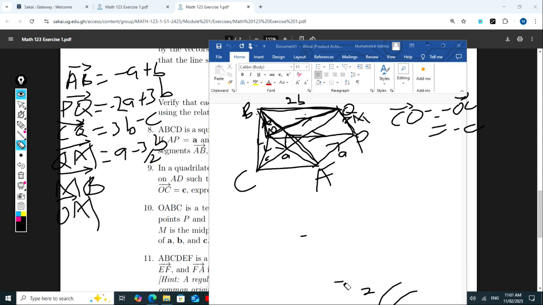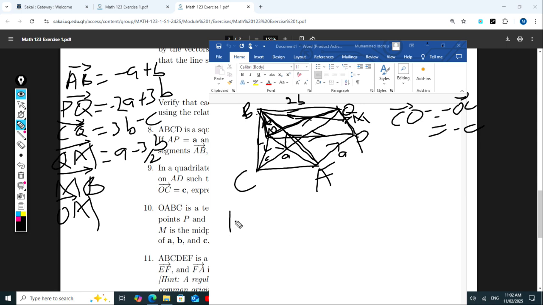Okay, so we are now going to find MB. MB, that means from B to M. This is what we are finding, MB.